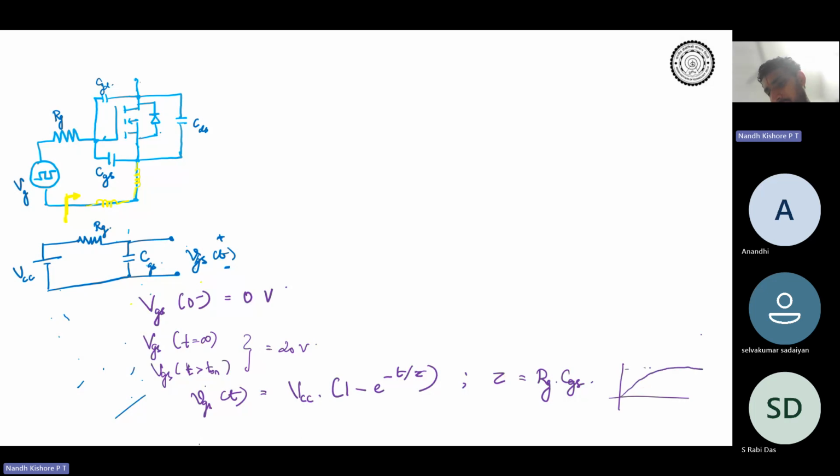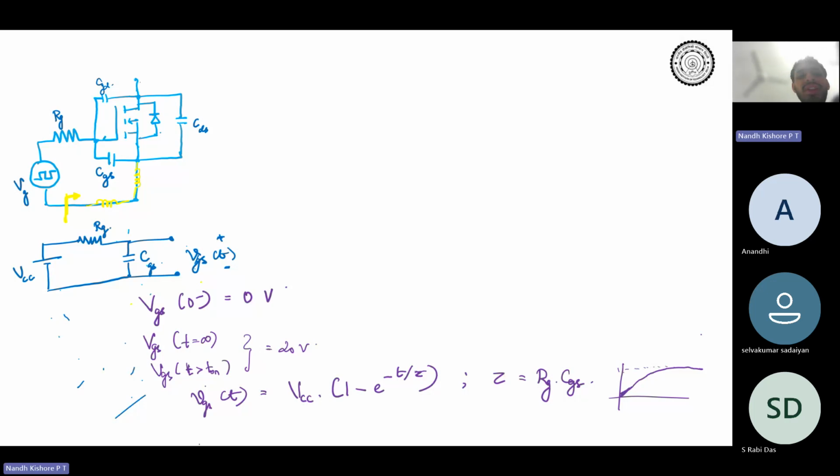It will eventually reach steady state. It's just an RC network. Forget about the device dynamics. At least in the initial stage, when the device is going to start, the profile of VGS increase would be something like this, right?